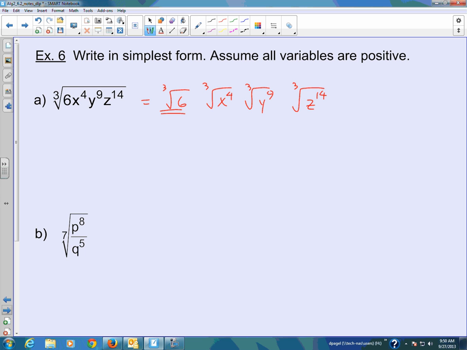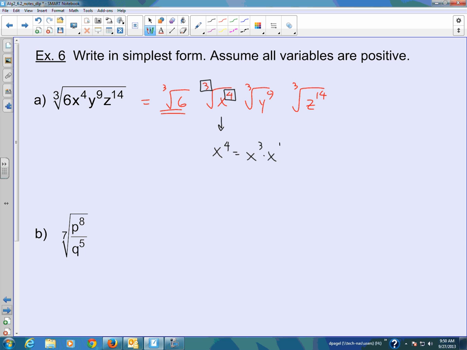Cube root of x to the 4th. So here we have a situation where our root number doesn't go nicely into our power number. However, when your root number is smaller than your power number, you know that you're going to have at least some value of your variable that's going to come out in front of your radical. So here we go, looking at that x to the 4th and how you could write it differently so that you can see what comes out.